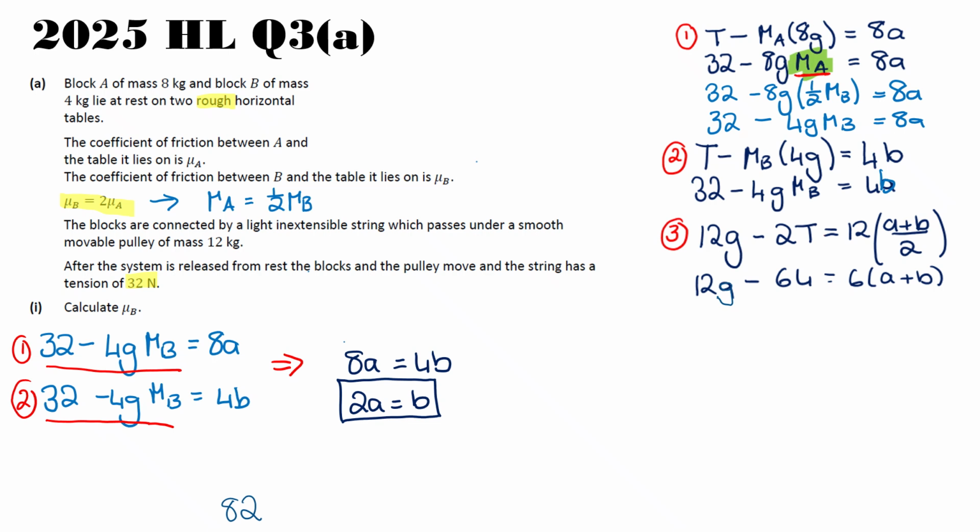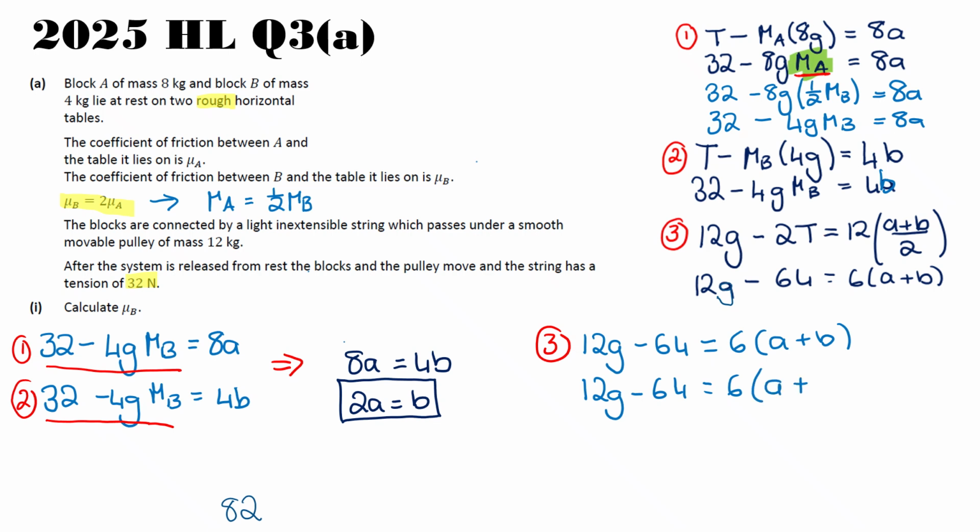So then if we come along to equation 3, 12g minus 64 is equal to 6a plus b. Now, if I sub in 2a instead of b, we now have an equation where we can solve for a. So let's get rid of that g, so that's our 9.8.